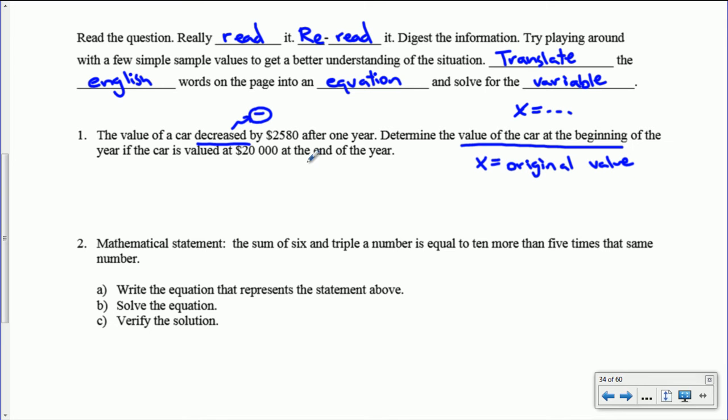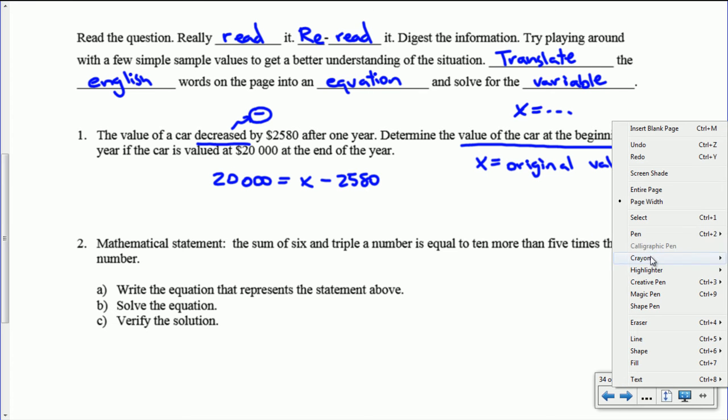So that might be helpful for me to set up an equation. So the value of a car decreased by this much after 1 year, and then we ended up at $20,000. So we've got original value, subtract 2,580, and we end up at 20,000. So now we have an equation for x which we can solve.